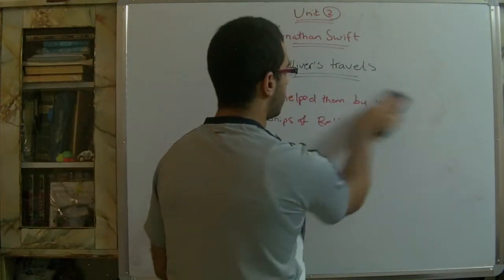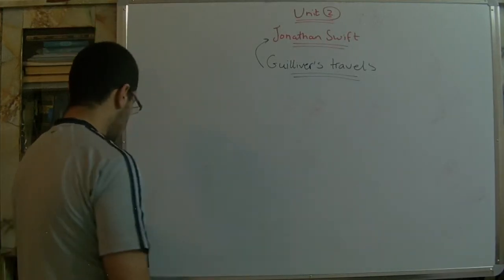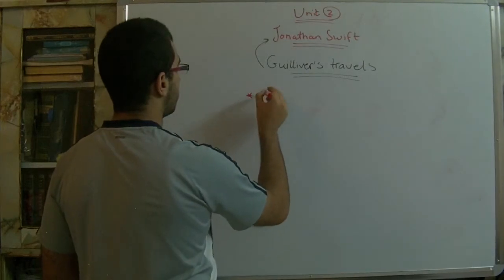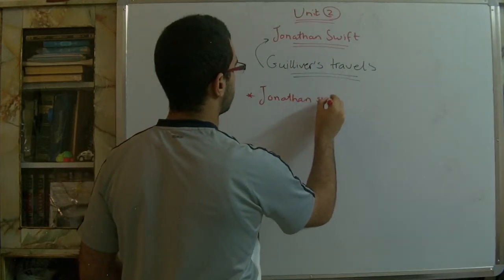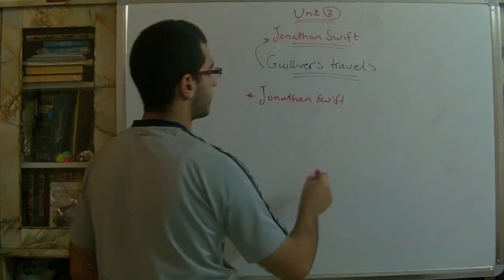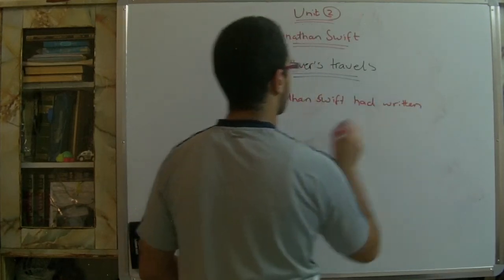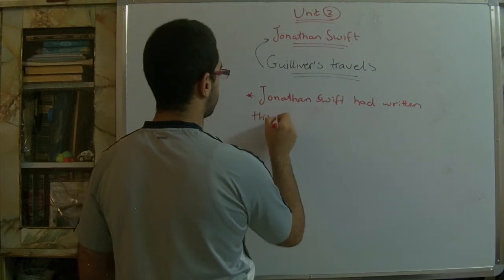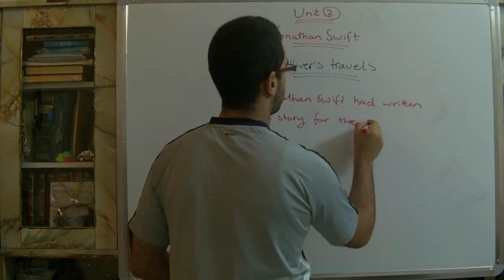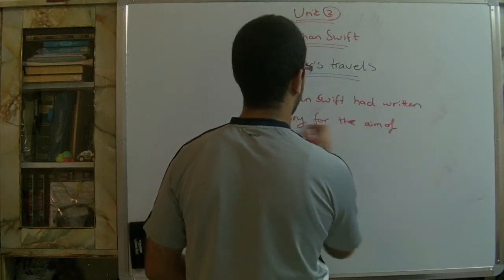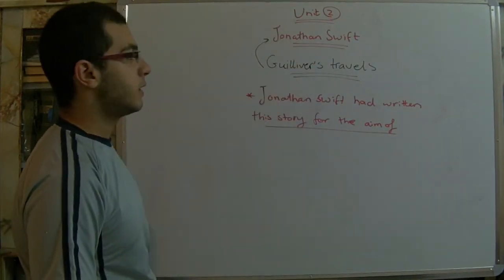Here we have a comment on the story as a whole, and we have here Jonathan Swift had written this story for the aim of, here we have the reason why did Jonathan Swift write Gulliver's Travels.